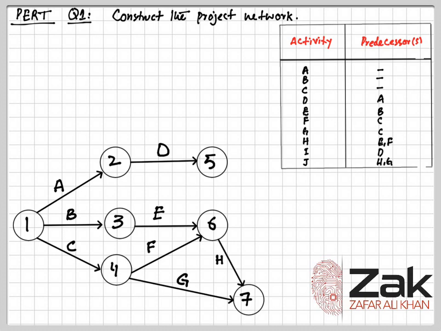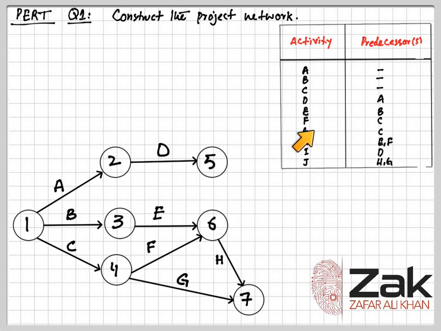Now we can see why we have ended this H at 7: in the predecessor table, H ends along G, and G already ended at 7, so we have to make H go to the 7th node as well.